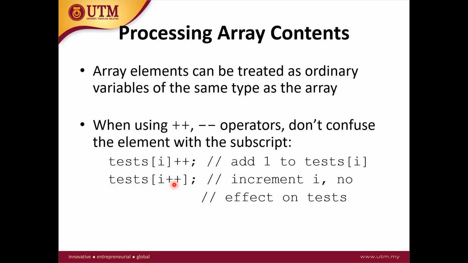Tests of I plus plus, that means this statement returns what? Returns tests of 2, because I was 1 and this is going to be incremented by 1, it's going to be 2, so it returns tests of index 2. This sometimes leads to confusion. You need to be careful about that.